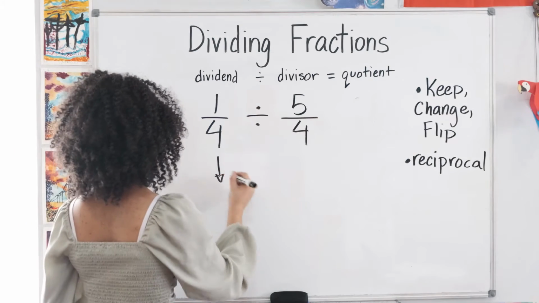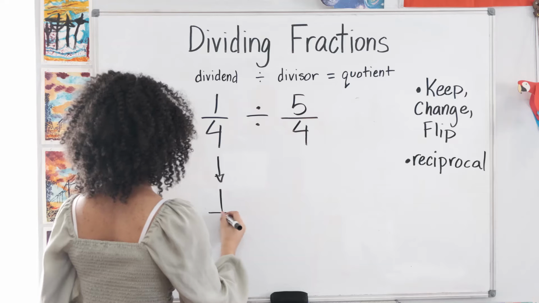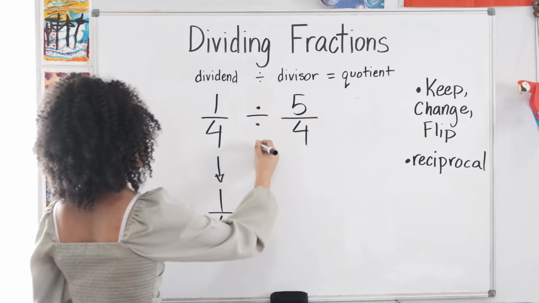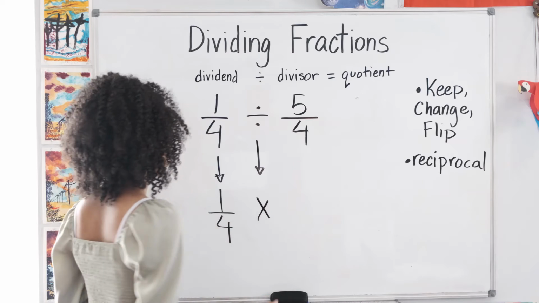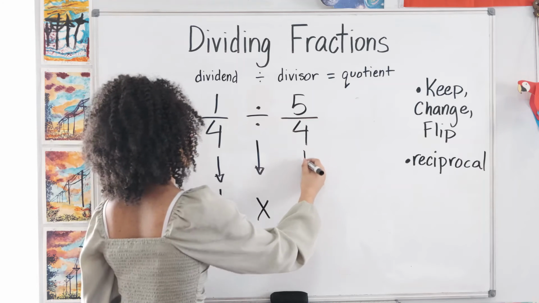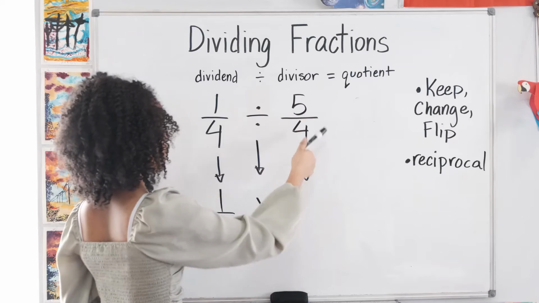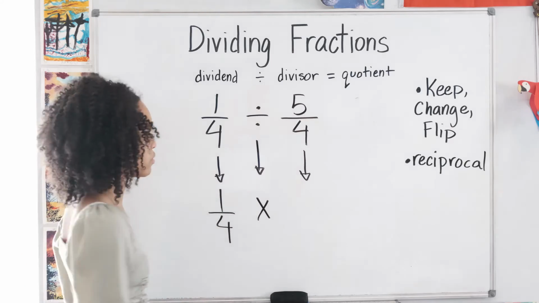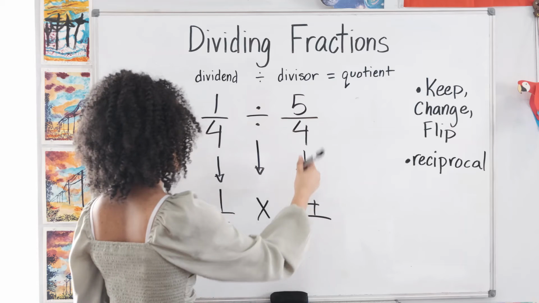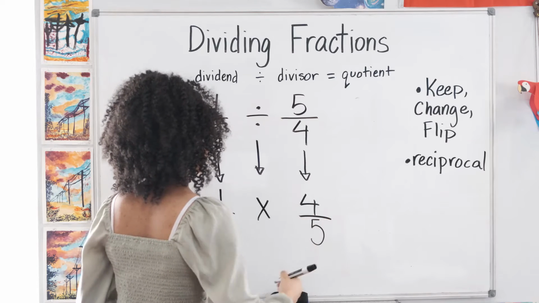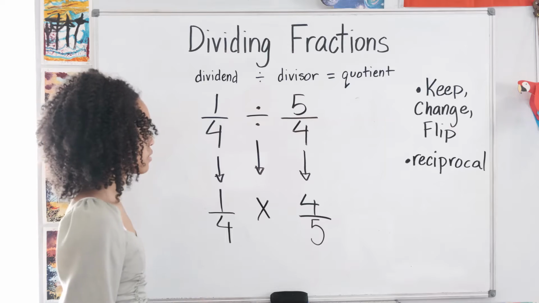You keep the 1/4, keep the dividend, you change the division sign into a multiplication sign, and you flip the divisor 5/4 into its reciprocal. So 4 becomes the numerator, and 5 becomes the denominator. So the reciprocal is 4/5.